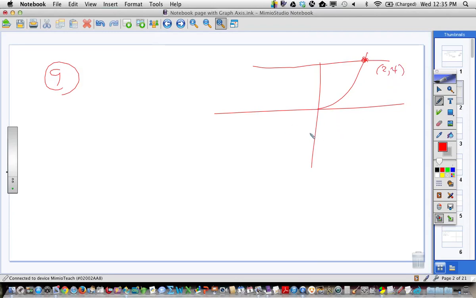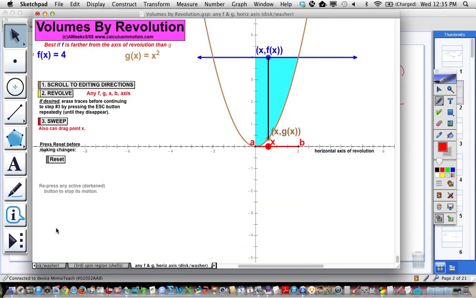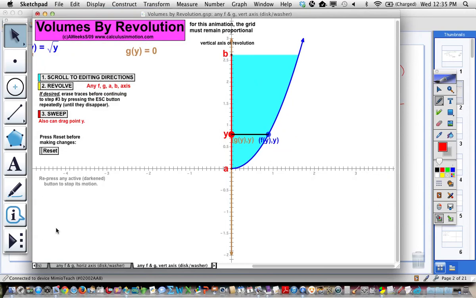It wanted you to revolve around the y-axis. So that is going to create, well, I do have a picture of this. It's this right here. Let me move this up so it looks a little more like the picture on number 9.